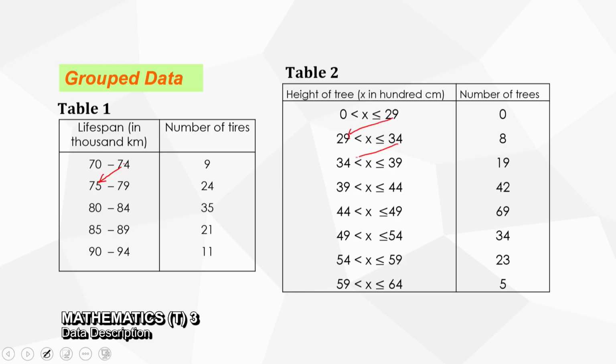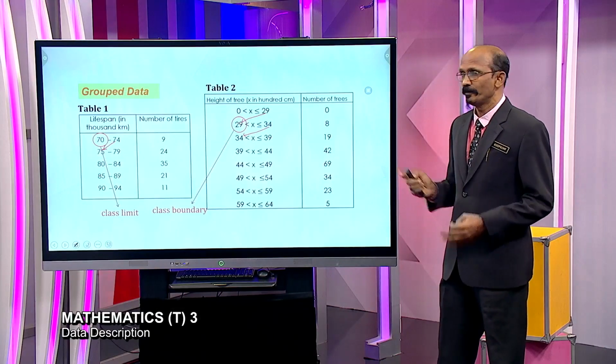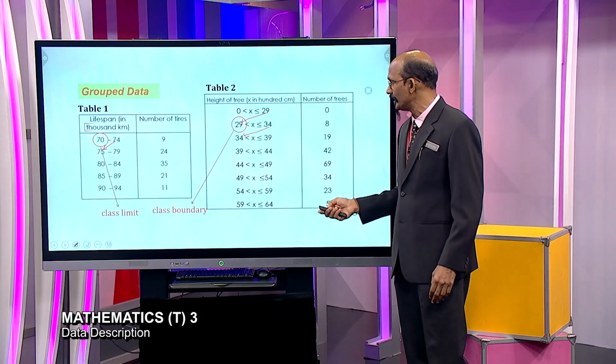From this, you should know that the 70 shows class limits, whereas the 29 shows class boundaries. These two are very important, because if you make a mistake here, your MOCT and MOD will be totally wrong. For example, we take this one particularly.